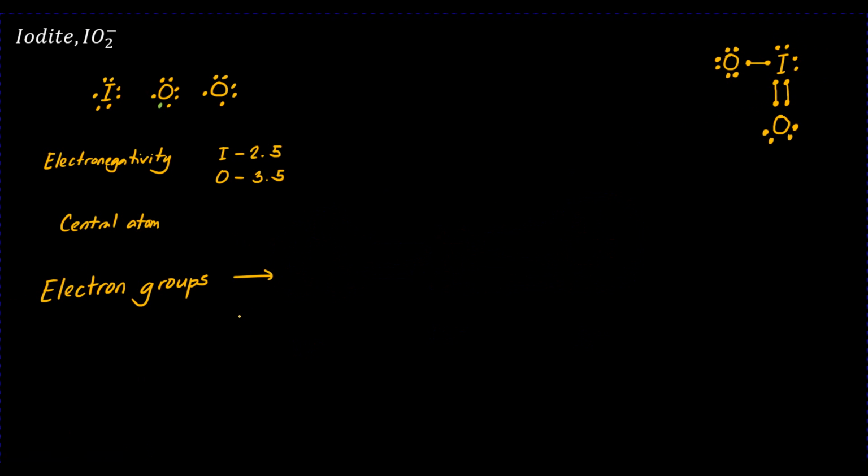For electron groups, you need to consider three things: the number of single bonds, number of double bonds, and number of lone pairs. Now let's look at our structure again, and count the single bonds, double bonds, and lone pairs connected to our central atom, which is iodine.